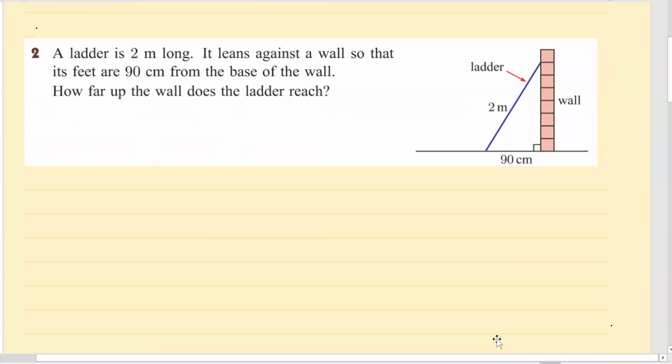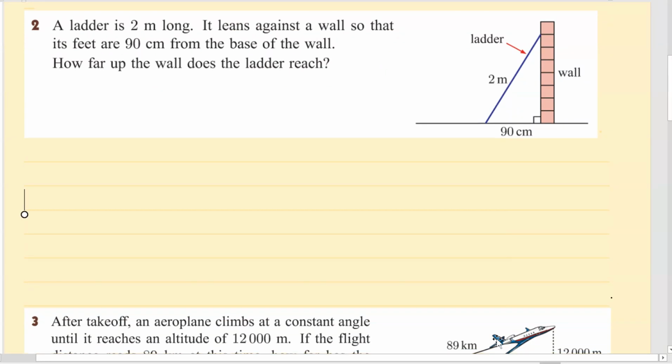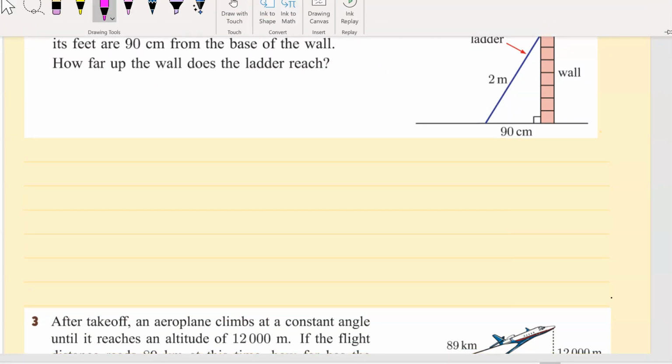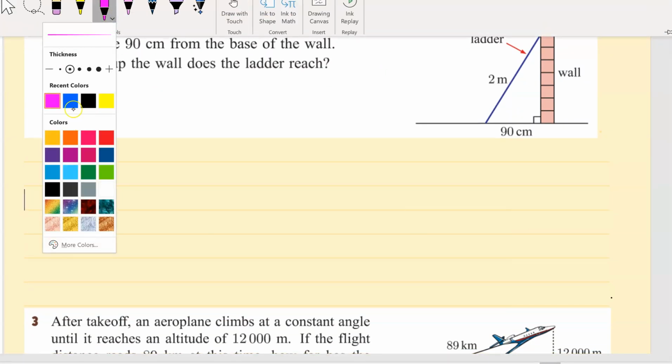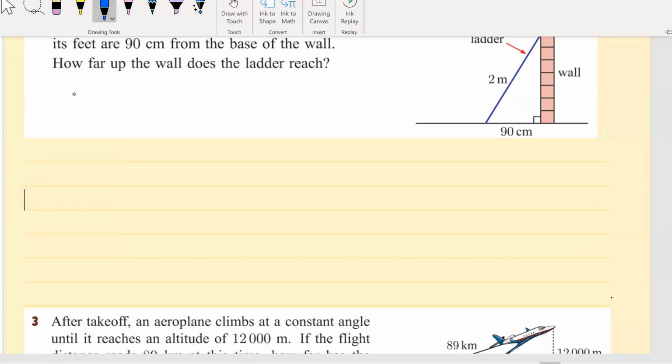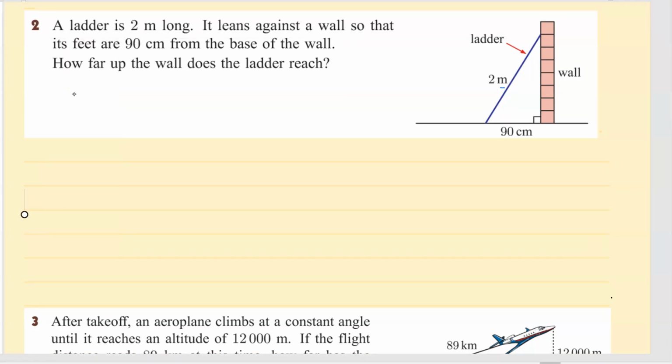All right, this one, they've given you a diagram, but there is a little bit of a catch because they've been a little bit sneaky, and hopefully you recognise that they've changed the units on you. So let's make sure that we've got the same units. I'm going to work in metres, so I'm going to rewrite this to be 0.9 metres because we know there's 100 centimetres in a metre.